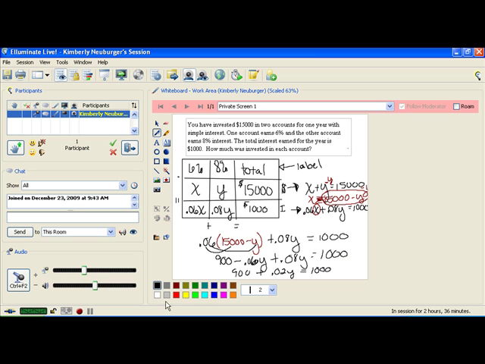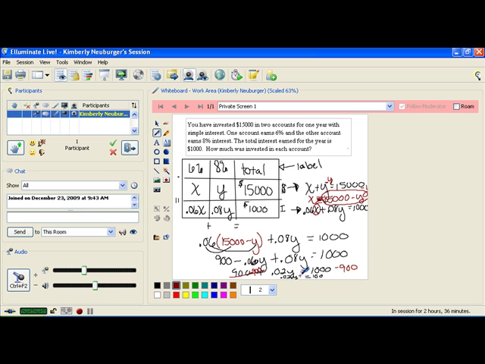1,000. Now we're going to go ahead and move our 900 by subtracting 900 from both sides. These cancel, and I end up with 0.02y equals 100.